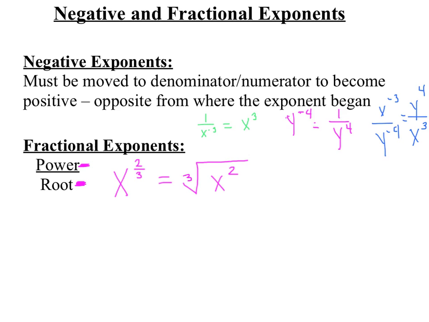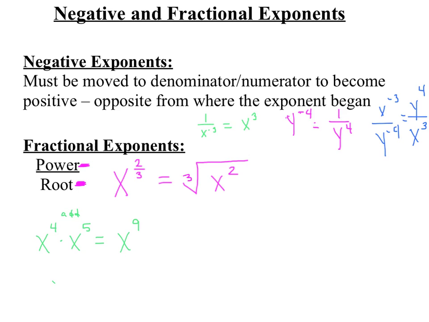Some other things that you need to remember, actually, because you should know. x to the fourth times x to the fifth. If you have two of the bases the same and you're multiplying them, you add your exponents. So it'd be x to the ninth. So we're adding the exponents.